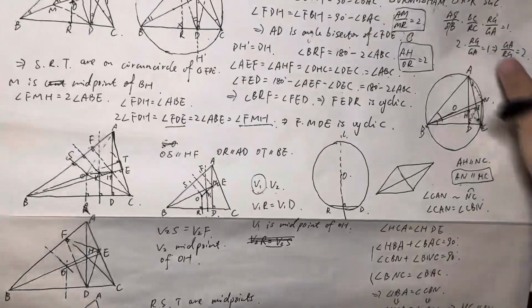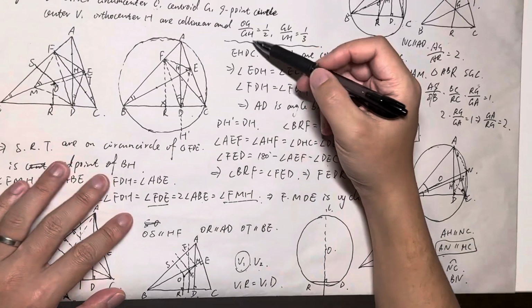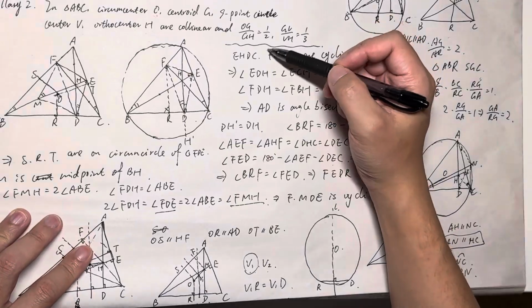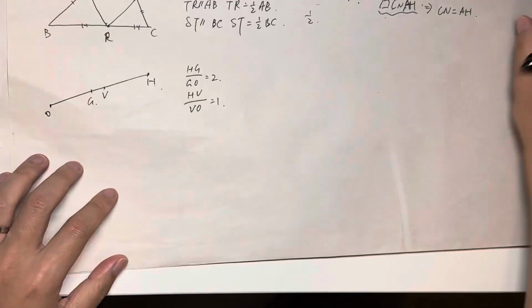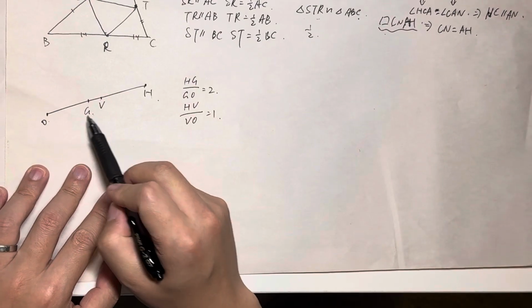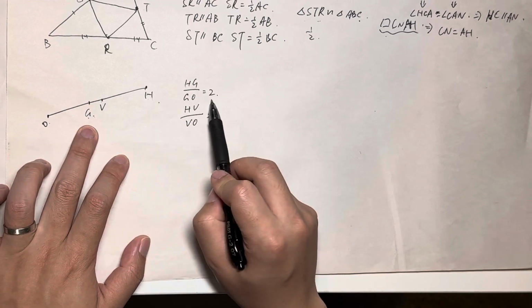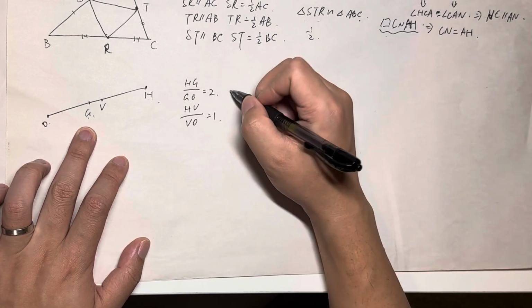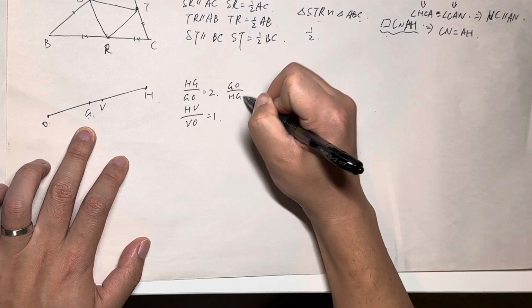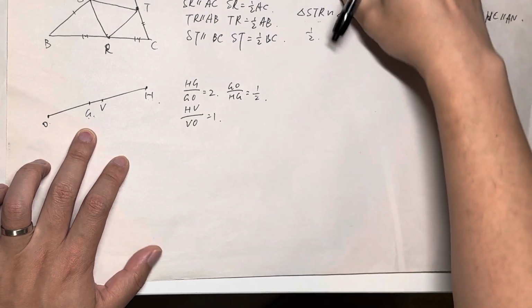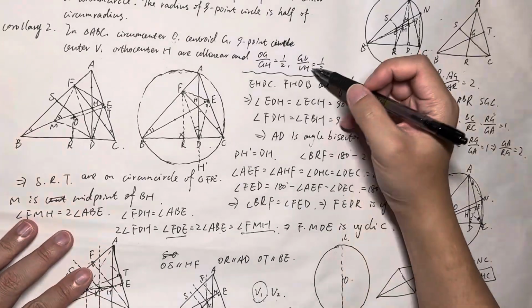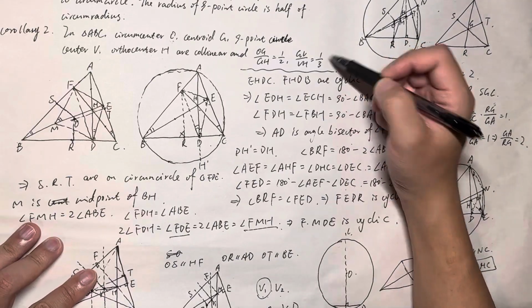And let's see, we want to prove that OG to GH equals 1 to 2. That's already been proved, right? GO to HG equals 1 to 2. Now we want to prove that GV to VH equals 1 to 3.